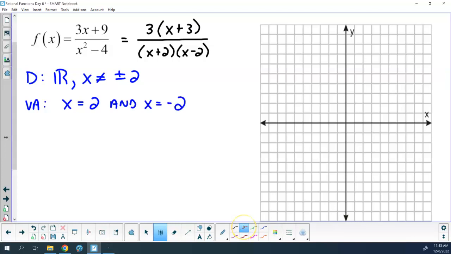The horizontal asymptote is going to be y equals 0. Degree of 1 on the top, degree of 2 on the bottom. Small over big. The y-intercept for this function, plug 0 back into my function, and I get -9/4. Easiest to do that one in the unfactored form, because any x term just goes away. +9 over -4.